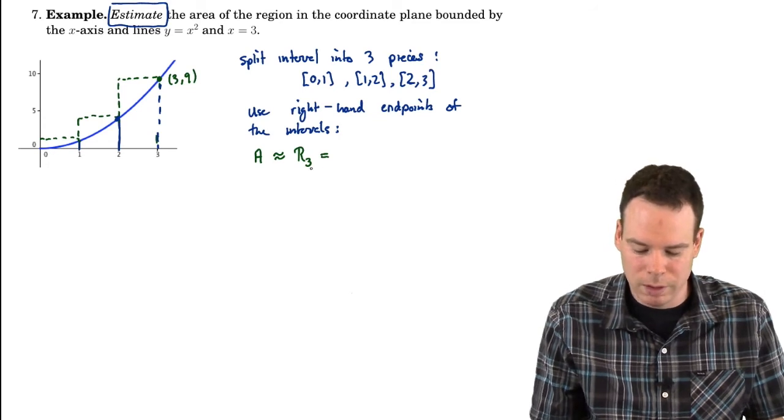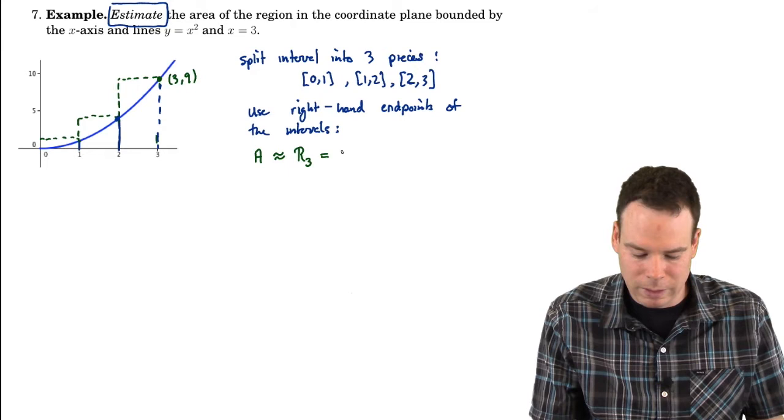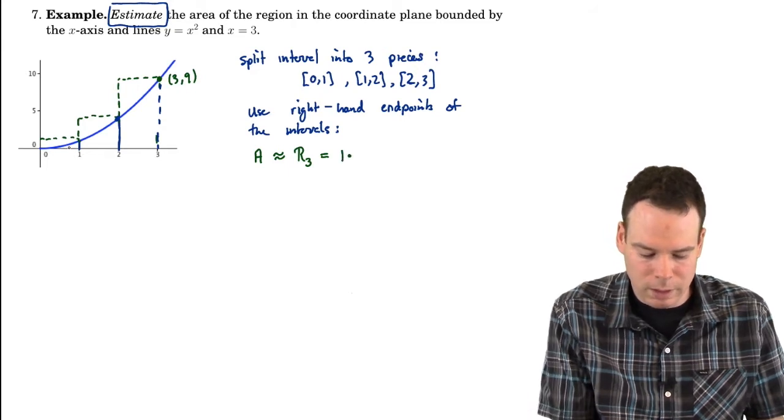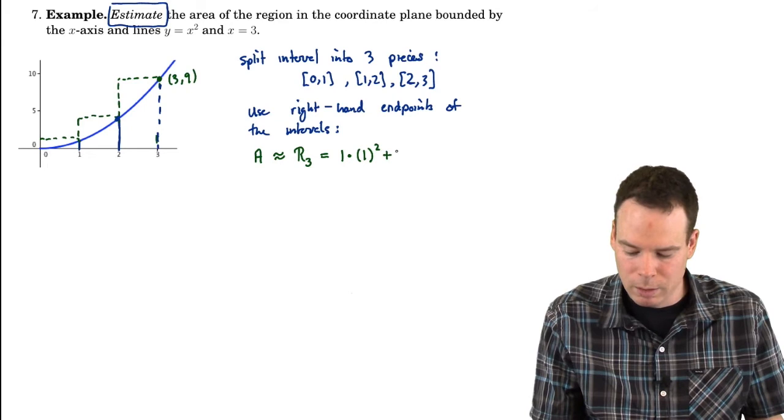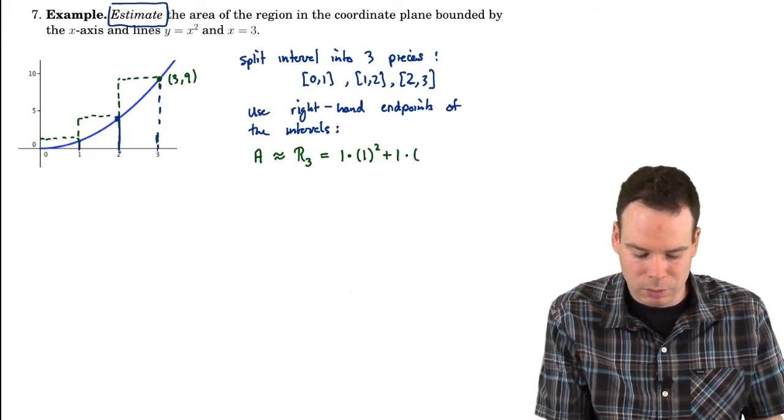So what's R3? That would just be the sum of the areas of those 3 rectangles. Each of the rectangles has base 1. The height of the first rectangle, well, we're using the right-hand endpoint, so that would be the function value at 1. The function is the squaring function, so this would be 1 squared. Plus 1 times, the next rectangle has height 2 squared.